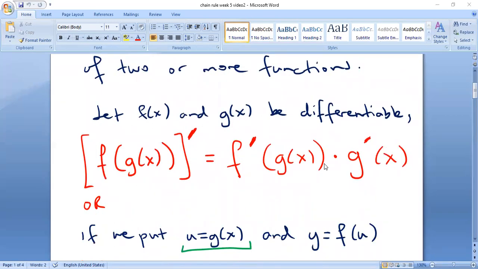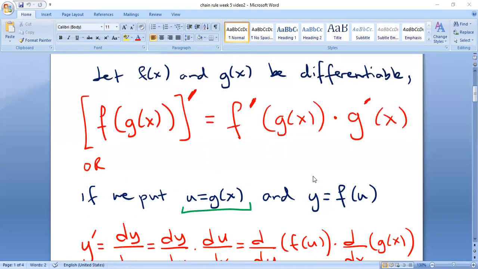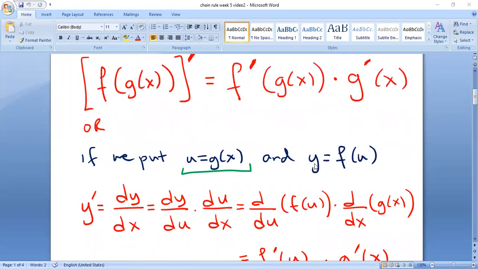Or actually, if we put u equals g of x and then y equals f of u, then this is the chain rule. y prime, which is dy over dx, is equal to dy over du times du over dx. So that means the derivative of f of u with respect to u, since y is f of u, times the derivative of u with respect to x, which is the derivative of g of x with respect to x.